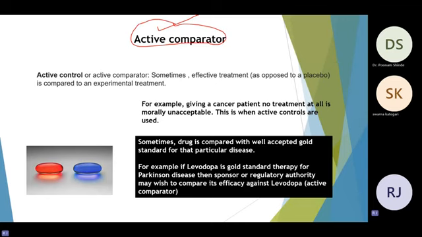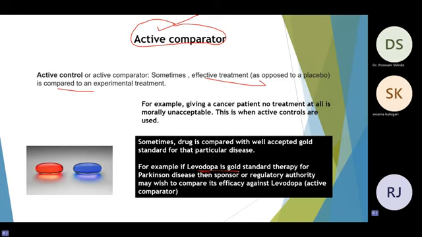So an active control is nothing but an effective treatment which we compare to the experimental treatment. The drug is compared with the gold standard for that particular disease. For example, I have given one example here, levodopa. Everybody knows that levodopa is the gold standard treatment for Parkinson disease.